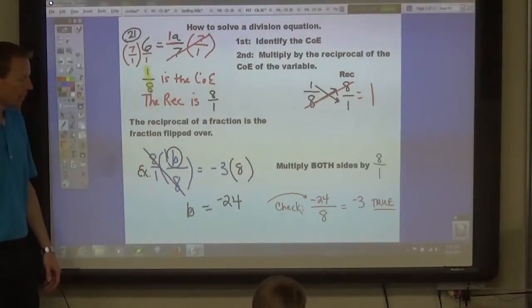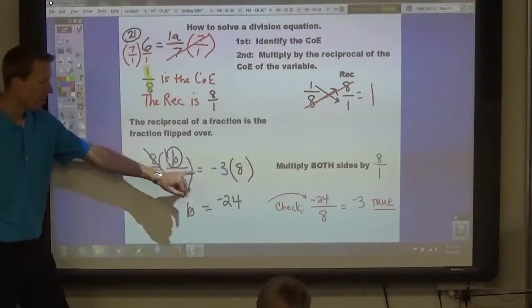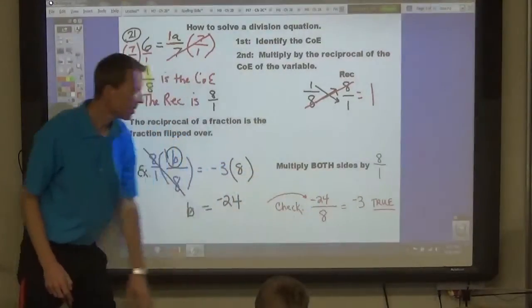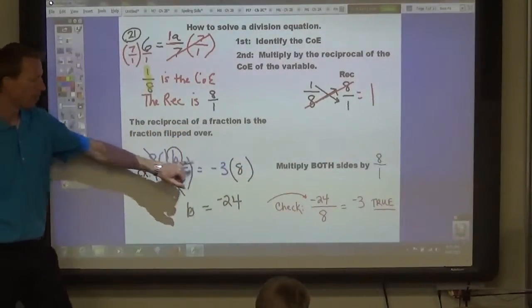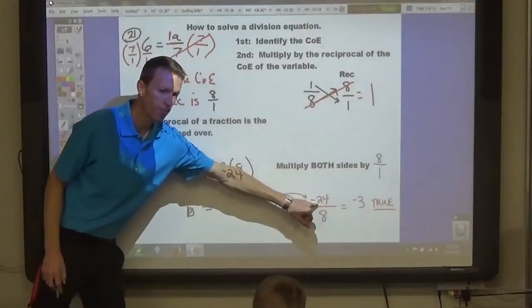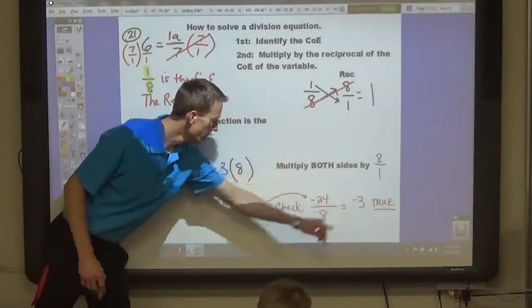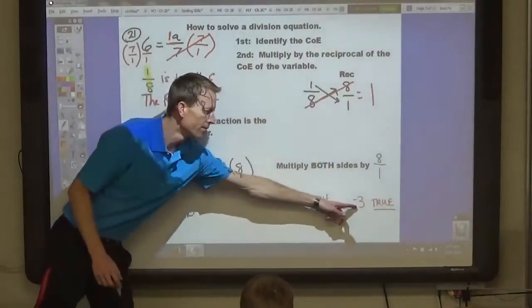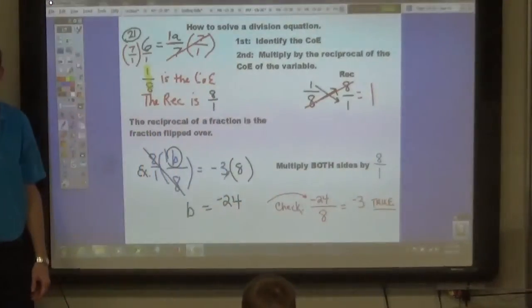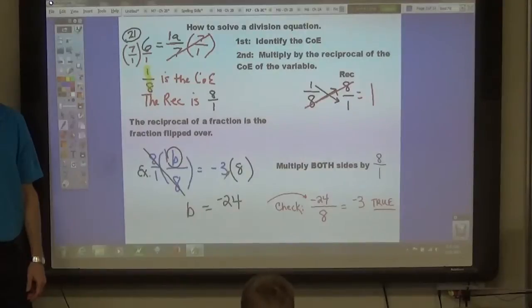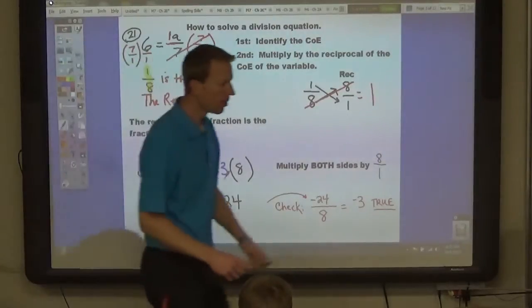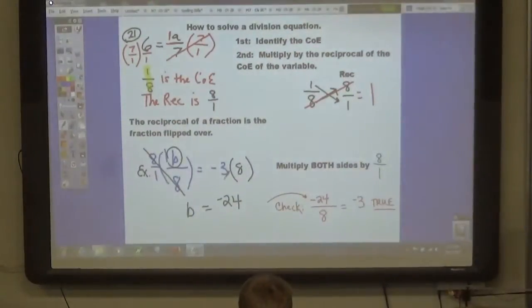And so I can check it by putting the number in place of the variable. Instead of writing b, I wrote negative 24 over 8 equals negative 3. That's true. Okay? That's what you're going to be doing today. That's what we're going to be practicing.